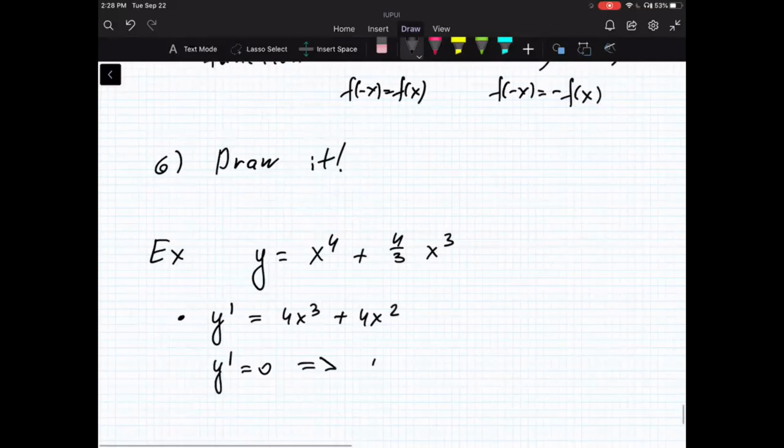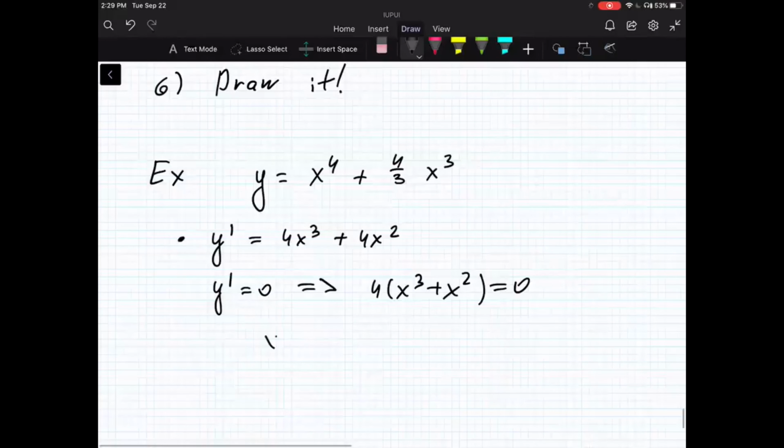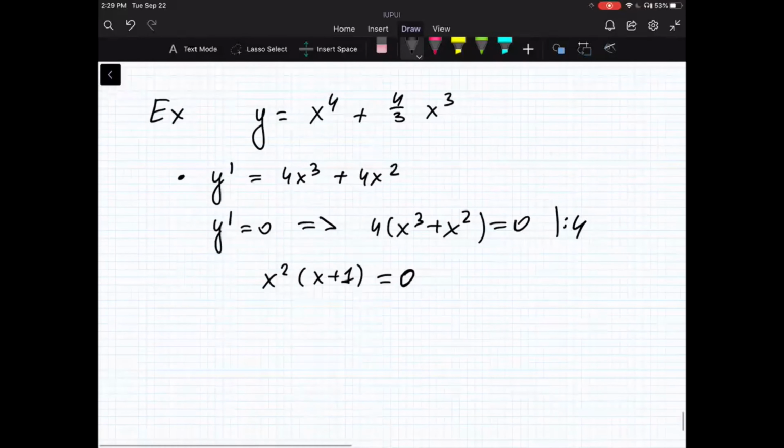That gives 4 times (x cubed plus x squared) equals 0, or I can factorize it like that: x squared times (x plus 1) divided by 4 is equal to 0. And that gives me x equals 0 and x equals minus 1. These are my extreme points where probably I have a minimum or maximum, but we need to check it.